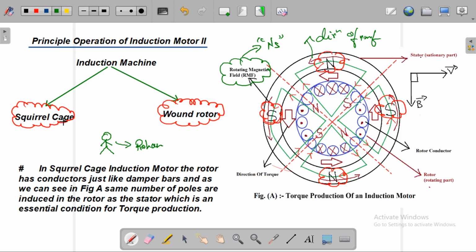And suddenly the train is coming. This is the train, and it is moving in the forward direction.